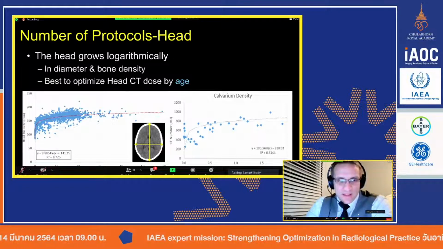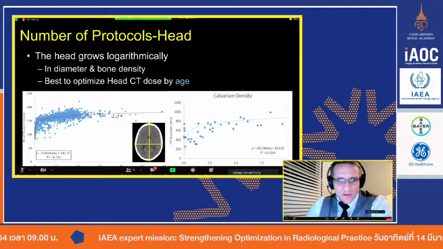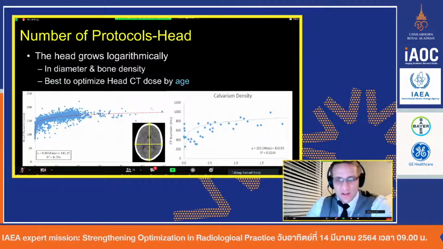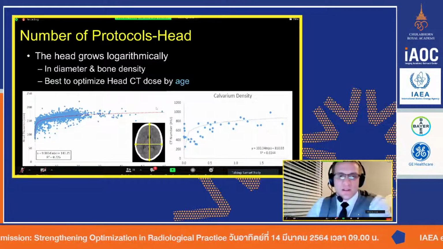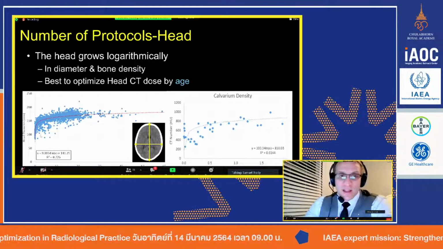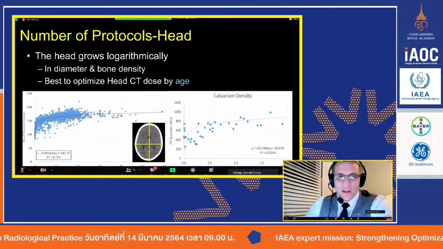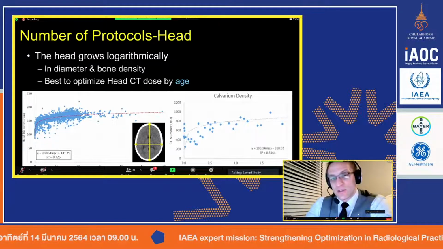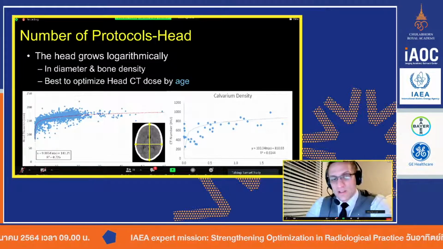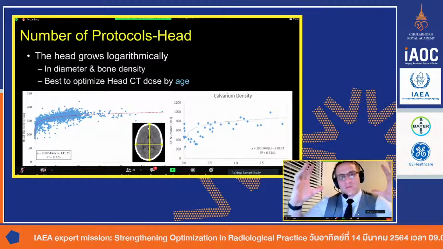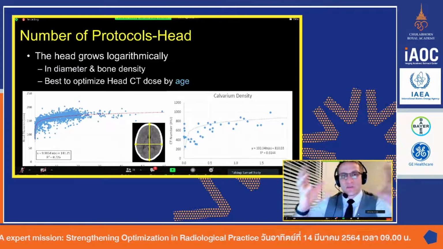And then as time goes on, basically from 2 to 5 years old, we see very little change in our overall head size. And so that's actually a good thing, because we can use this knowledge to establish how many protocols potentially we need, because we definitely need to be able to account for imaging really small heads versus really big heads so the CT scanner can get the right dose.